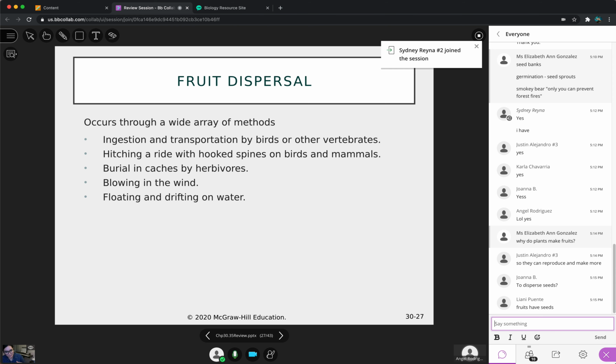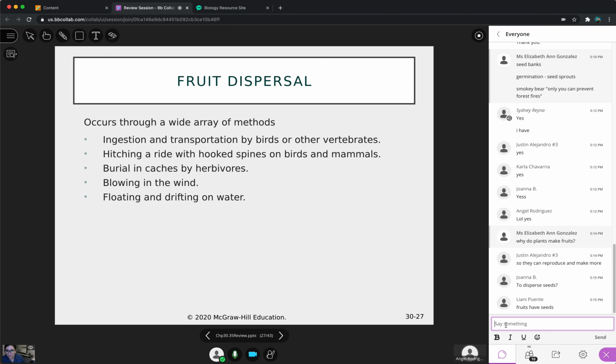Someone will come and take my fruit, and then they take my genetics along with them. And so that seed coat is able to break down in the animal's digestive system. The animal will poop it out, and then some rain will come, and then that seed is able to germinate somewhere else. And so that's the purpose of fruit, so that the genetics can get passed on.